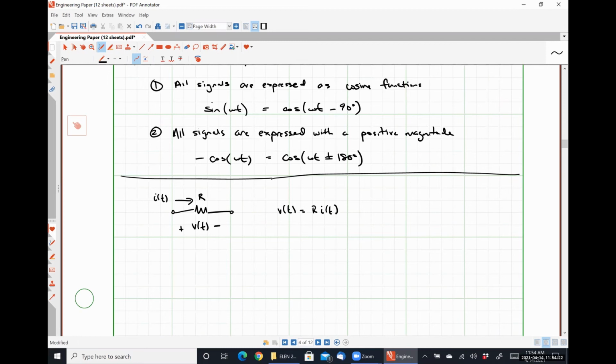If we applied our mixed signal relationship, this would give us Vm e^(j(omega t plus theta v)) is equal to R times Im e^(j(omega t plus theta i)), right?